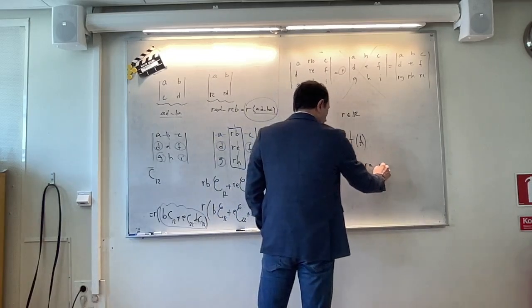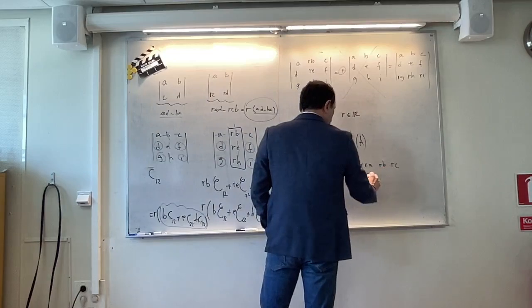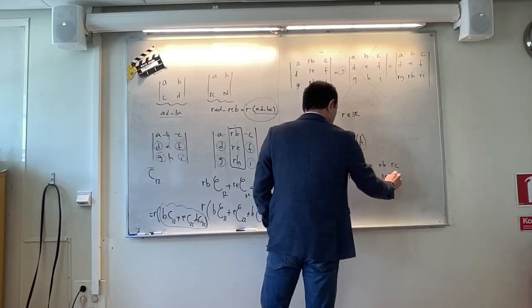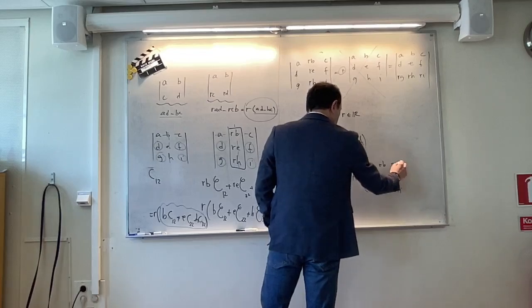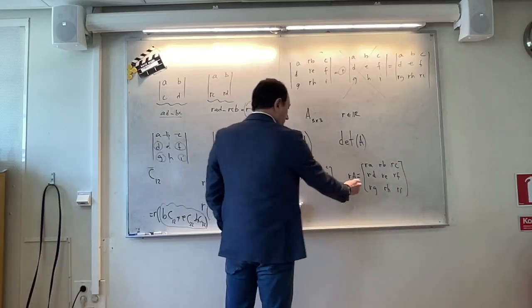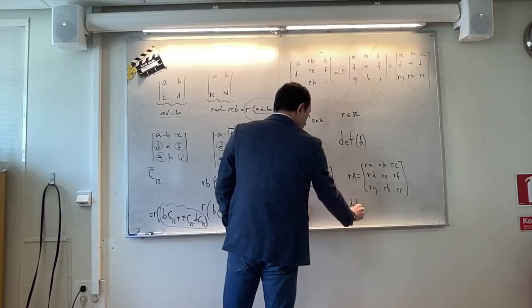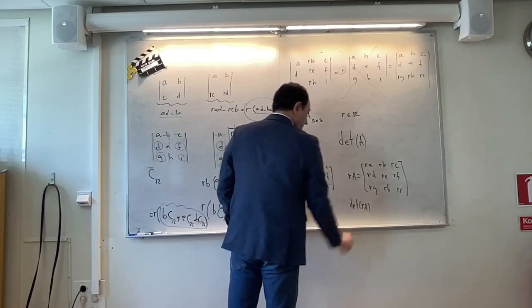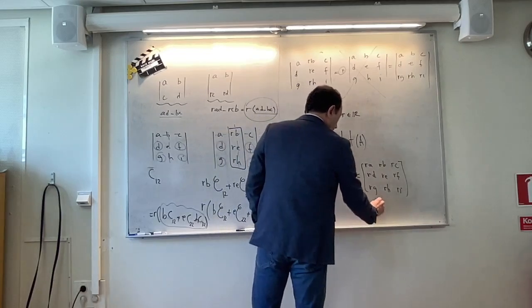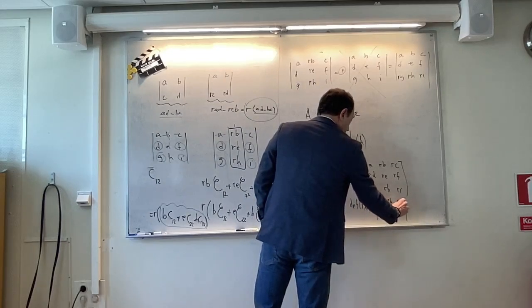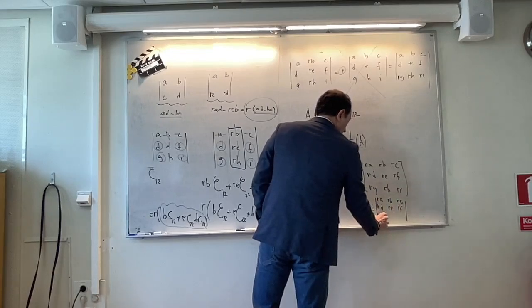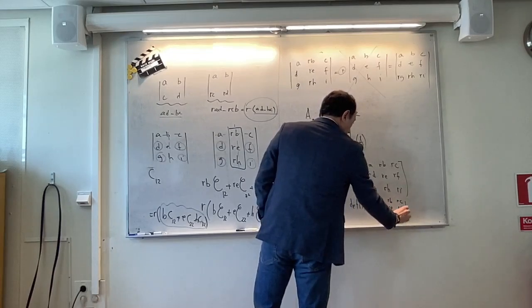RC, RD, RE, RF, RG, RH, RI. Now, if I ask you what is the determinant of RA, what can you do? You can write it with these parallel lines: RA, RB, RC. Let me just write everything, be patient. RF, RG, RH, RI. Do you agree?